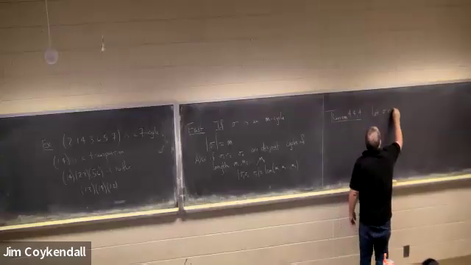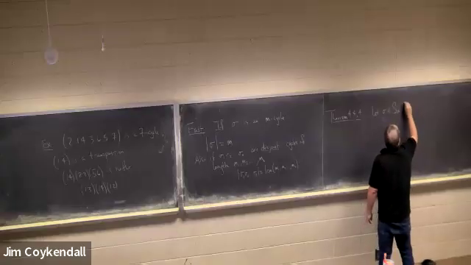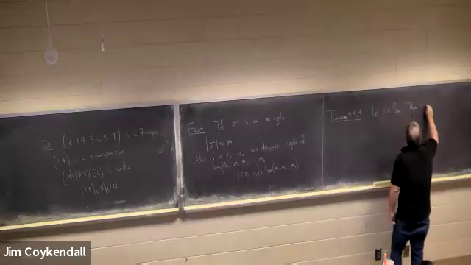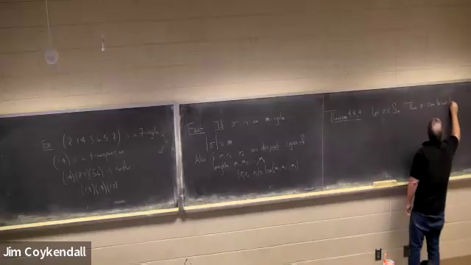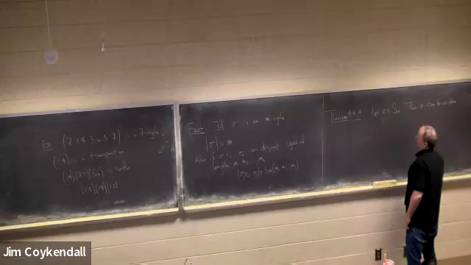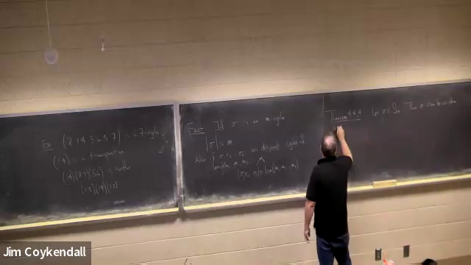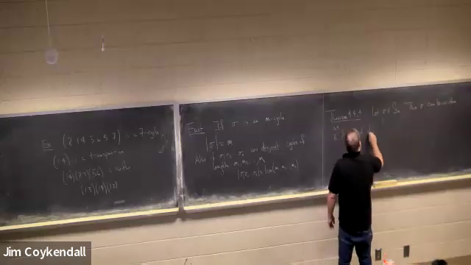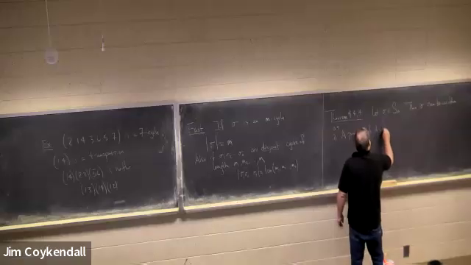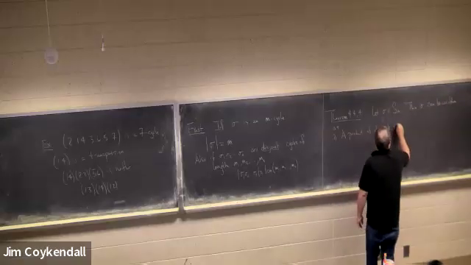Let sigma be known as m, then sigma can be written as, one, a product of disjoint cycles.